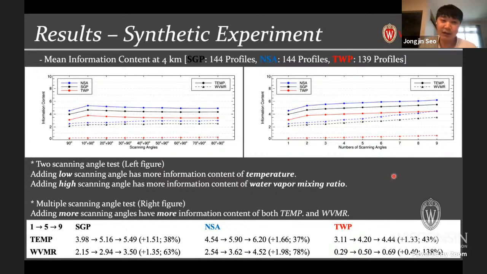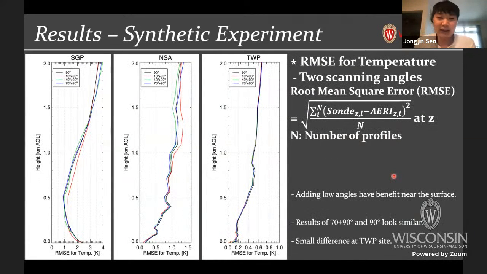So these are the summary of information content at synthetic experiment. So next result is about vertical structure of temperature and humidity. These are the RMSE for temperature between Jonde soundings and the retrieved AERIoe retrievals.